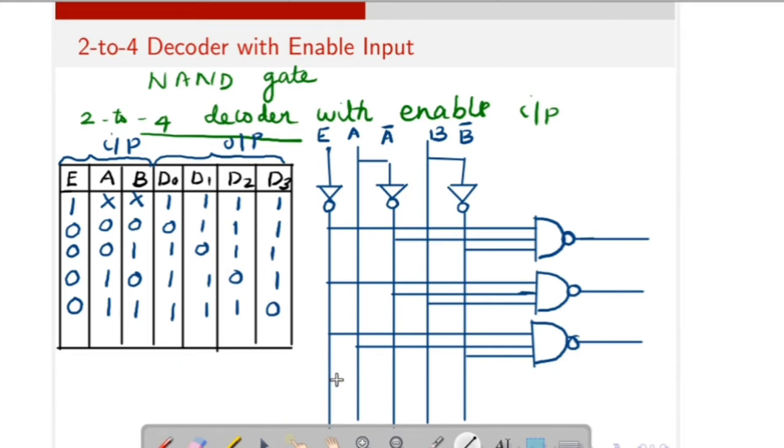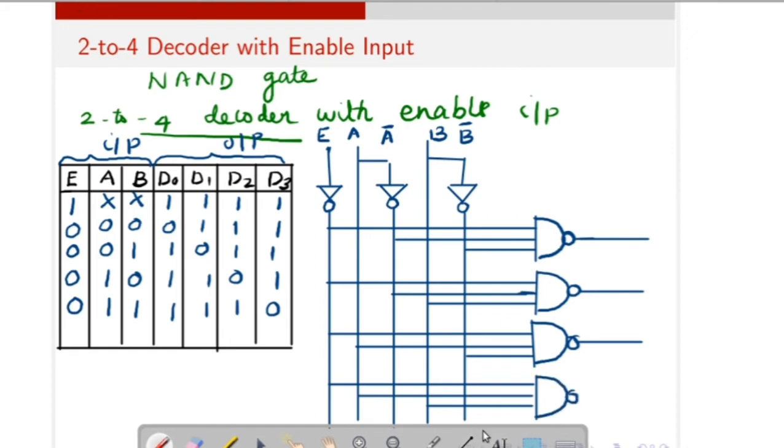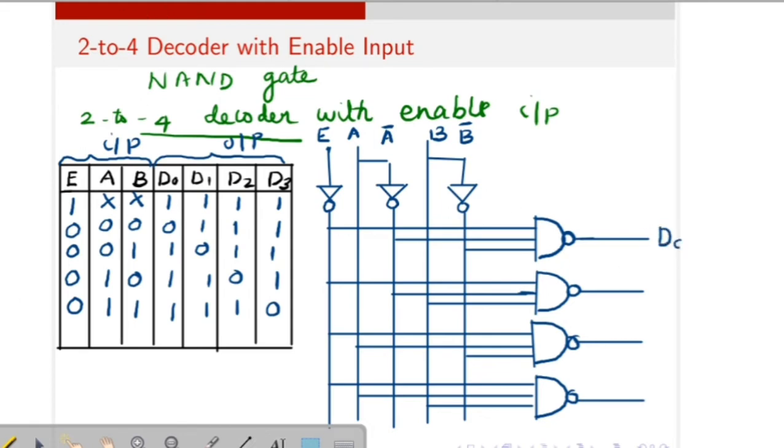Then for D3, E is equal to 0, then A and B. Again NAND these inputs. So this one is D3. Okay, so we can mark all inputs and outputs. So here it is D0, D1, D2, D3.